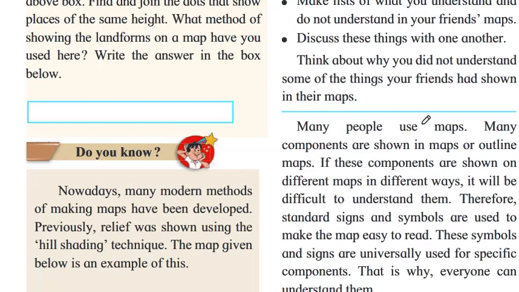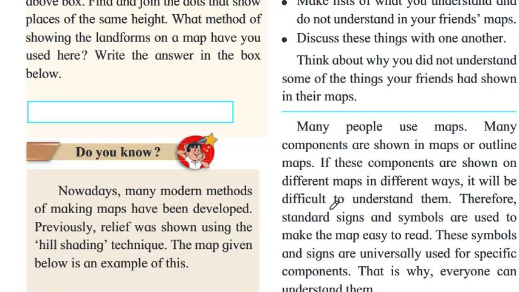Many people use maps. Many components are shown in maps or outline maps. If these components are shown on different maps in different ways, it will be difficult to understand them.